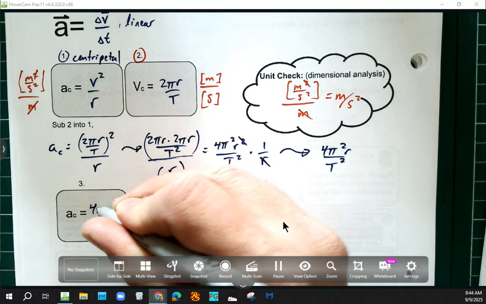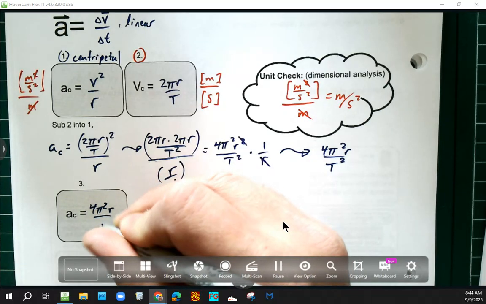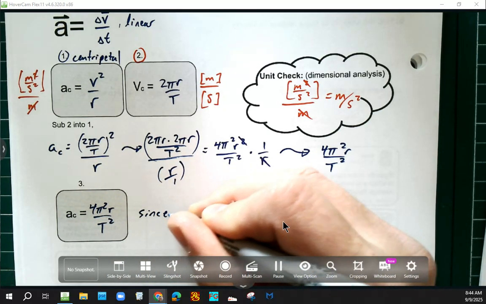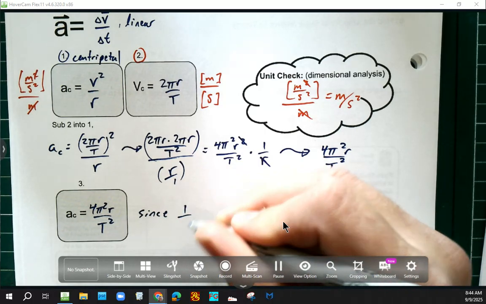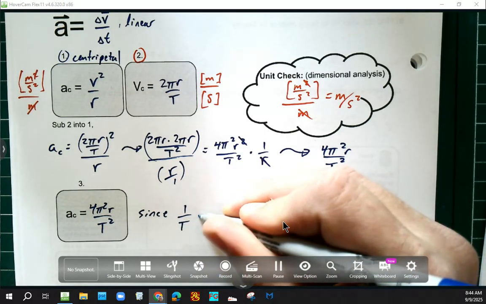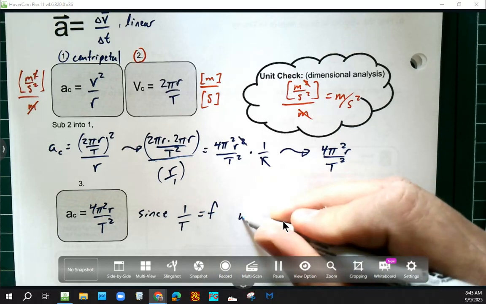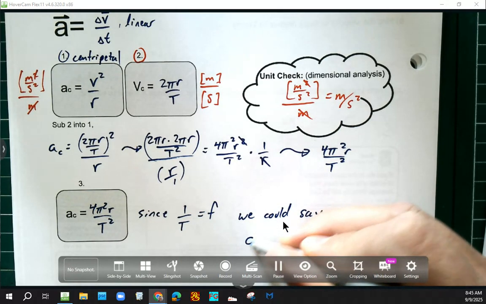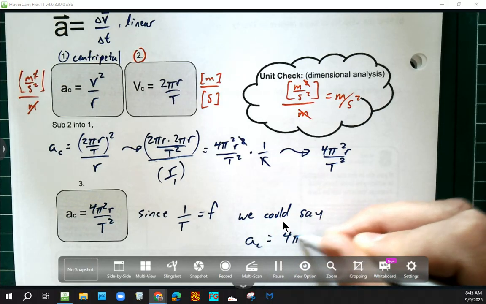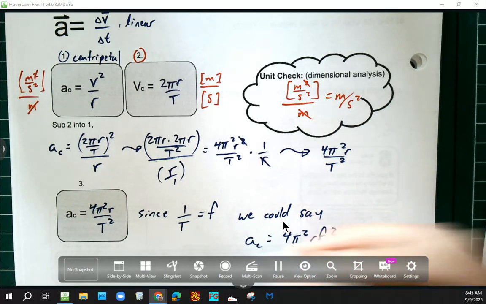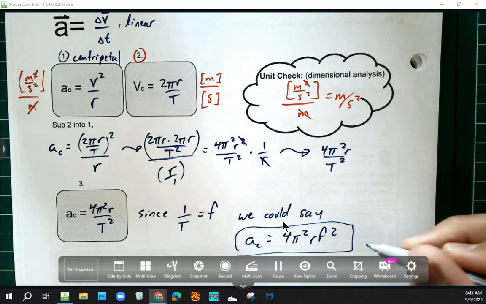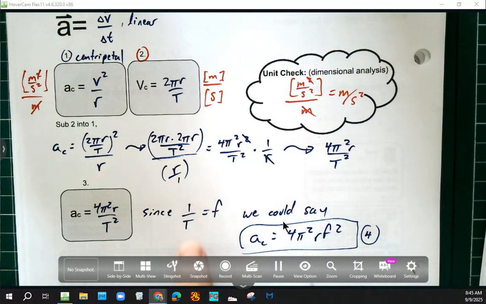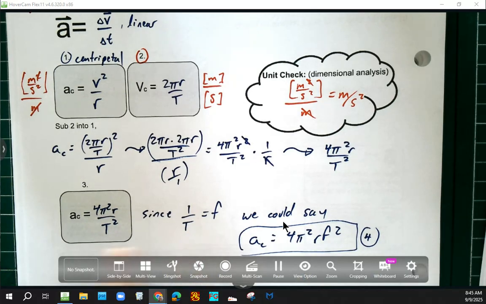We get 4 pi squared r over period squared. And we can also say, since, as we said before, 1 over period is equal to frequency, we could say AC is equal to 4 pi squared r f squared. So I guess we really have a fourth equation there, where we've subbed in this definition of the frequency period relationship into this guy.